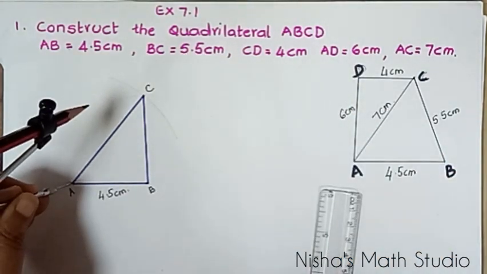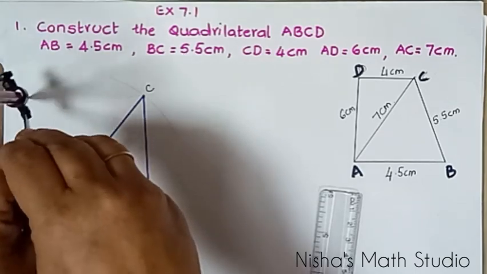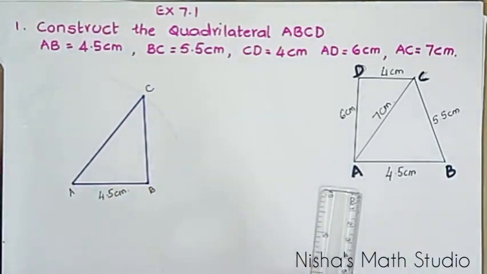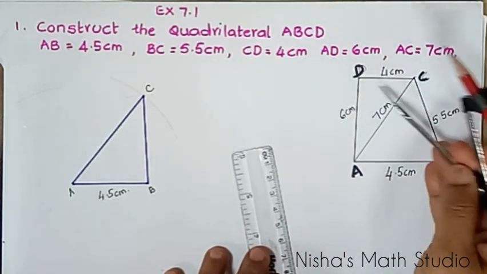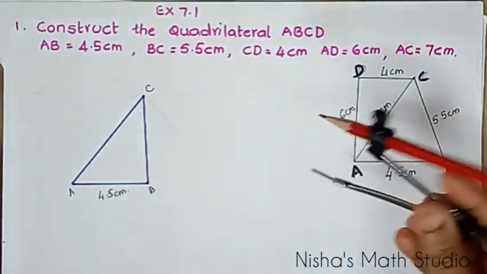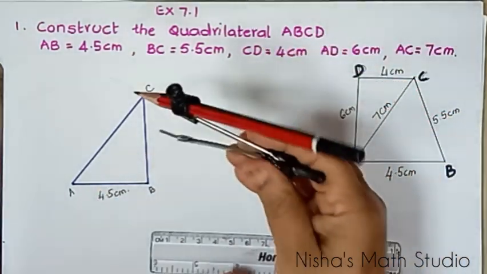Keeping A as center, draw the arc. The distance of this arc is 6 centimeter. Now CD will be 4 centimeter. So we have got the CD, which is equal to 4 centimeter.